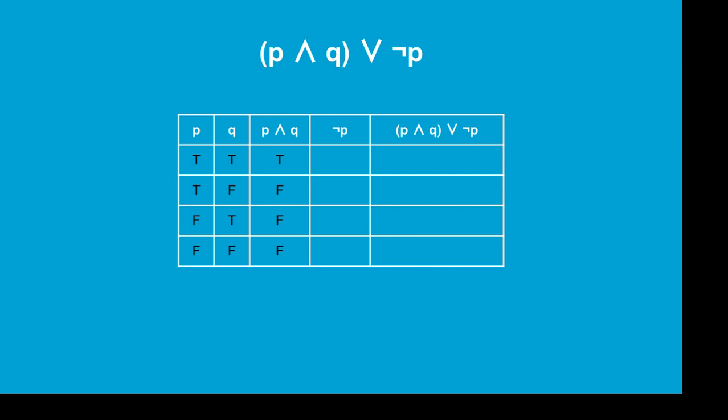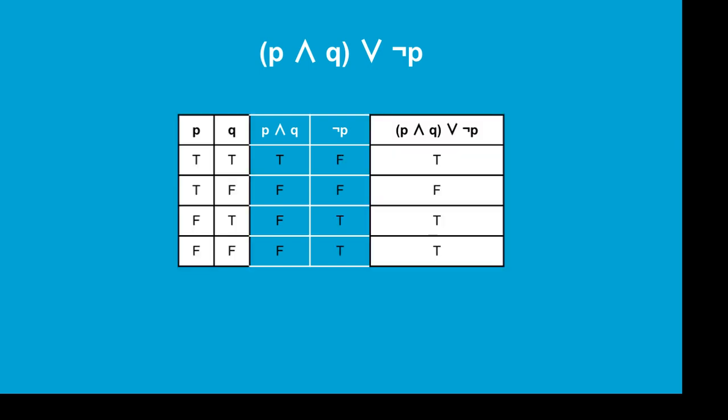Okay, now I need to OR that with not P, right? So first I'm going to create a column for not P. So what would be in my not P column? False, false, true, true. Yes, so I look at my P column and I write the opposite in the not P column. And then I do the OR.